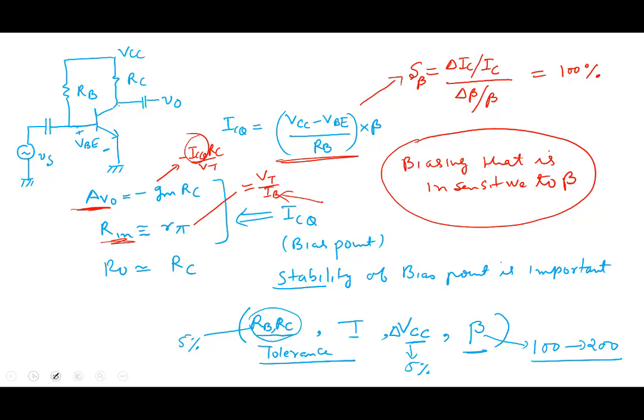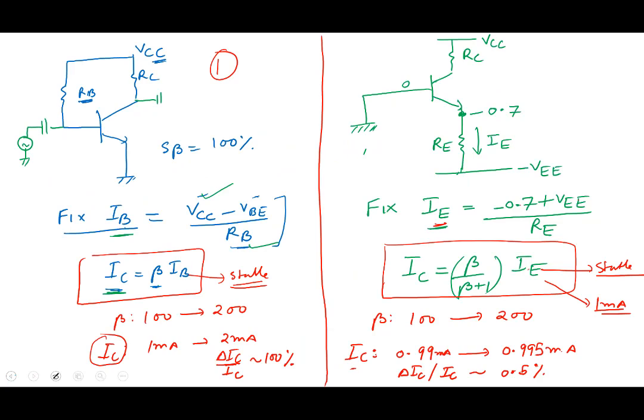So in most of these cases, we are focusing on the IC part here. We are looking for making IC insensitive to beta, and therefore this is not a good strategy here of biasing. This is a better strategy because IC does not vary.